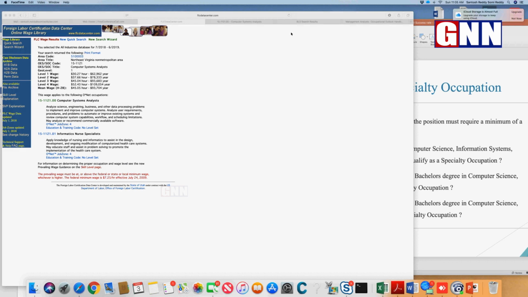Can we file a new H1 this year for the same applicant? Yeah. So you cannot file two H1Bs for the same individual during the same fiscal year. But in this case, yes, you could go ahead and file the H1B for him again.